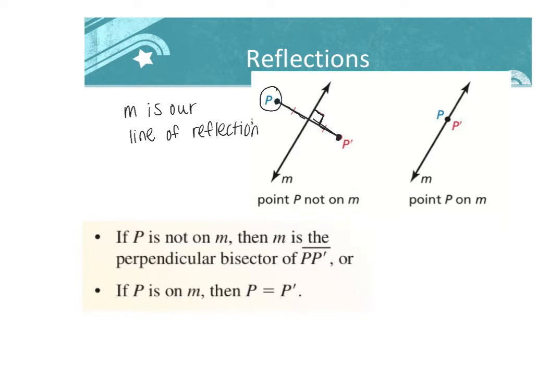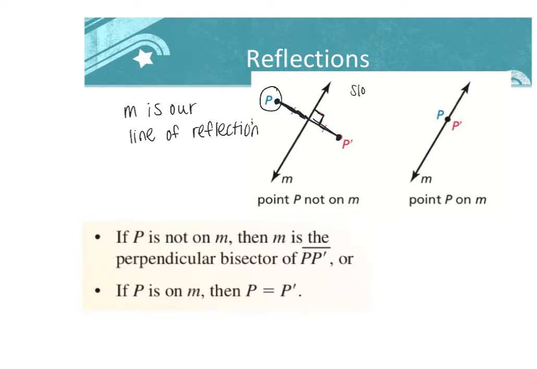Okay, so that tells us two things. It tells us that it's the same distance away from our line, and it also tells us that the slope of P to P prime is perpendicular, or opposite reciprocal, to the slope of line M, okay?